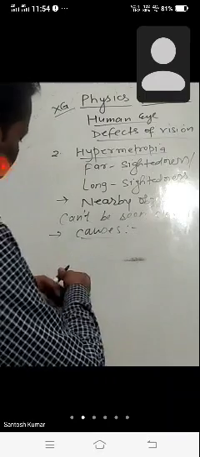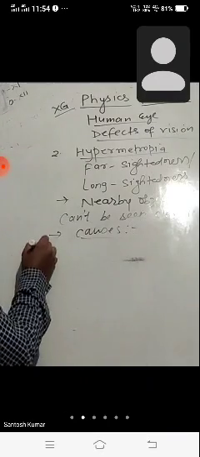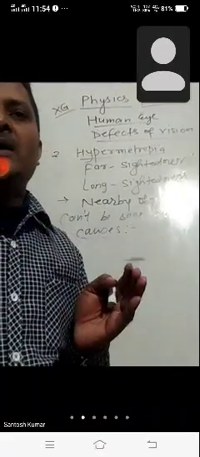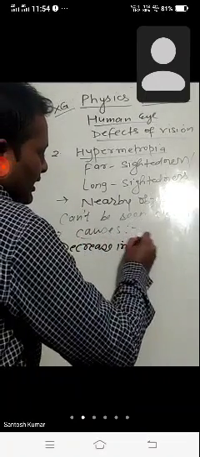Now come to the point, causes. Just like myopia, we had written two causes. In the first case, we had written the elongation of the eyeball, meaning an increase in the size of the eyeball. This time it is opposite: a decrease in the size of the eyeball.